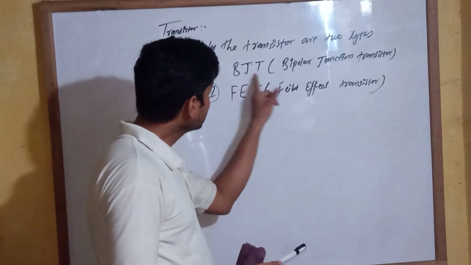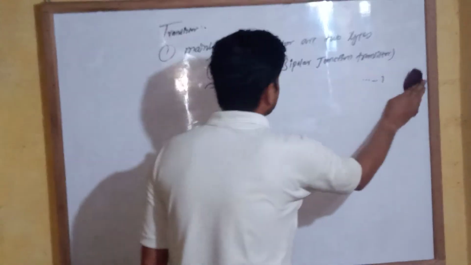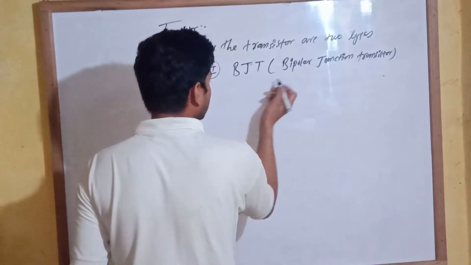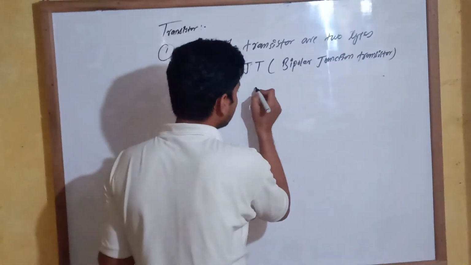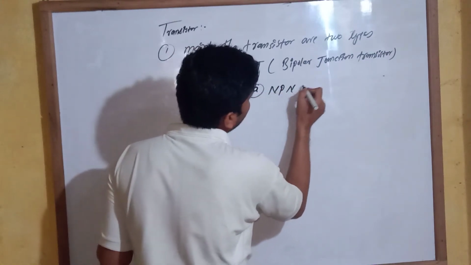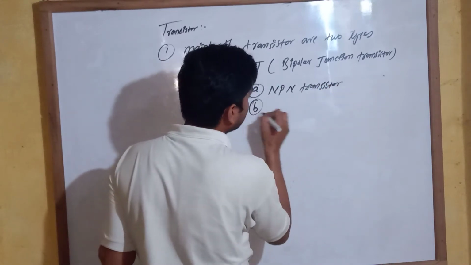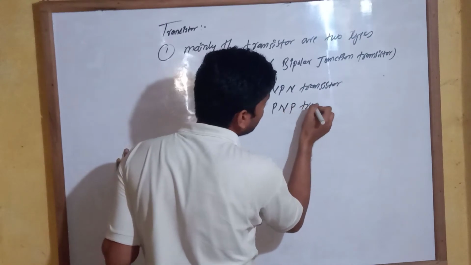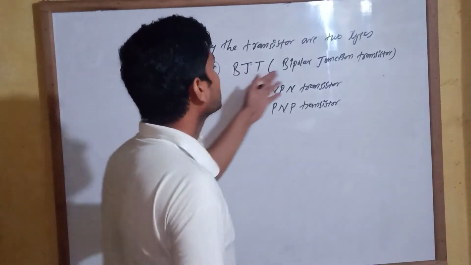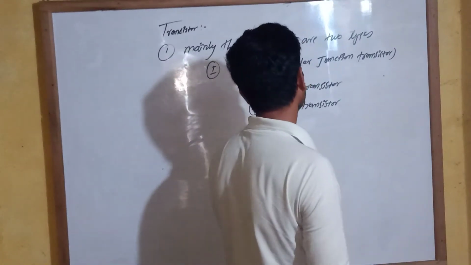On the basis of this, the bipolar junction transistor is further categorized into two types. The first one is the NPN transistor, and the second one is the PNP transistor.